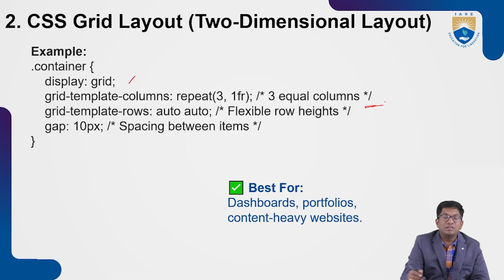FR means fractional unit. Next we have grid-template-rows. Automatically it will give the height. Gap 10 pixels is the space between items; each item gets a space of 10 pixels. So it is best for dashboards, portfolios, and content-heavy websites.